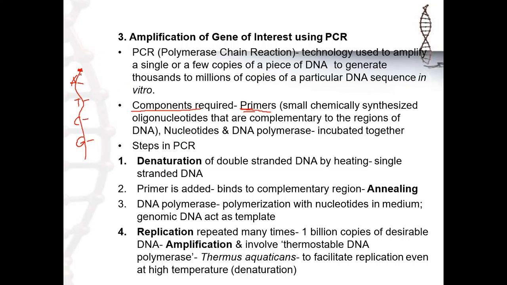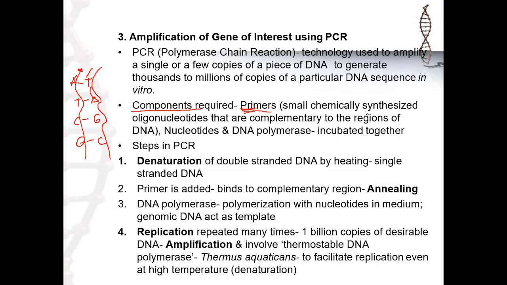For example, we add a primer to this strand that has no partner. Once you add the primer, it will automatically place thymine, because thymine is always the partner of adenine in DNA. Here the thymine on the other side will become adenine. This cytosine will become guanine, and this guanine will become cytosine. So these are the resulting new strands formed when we add primers to that particular single-stranded DNA. Okay? A required component.